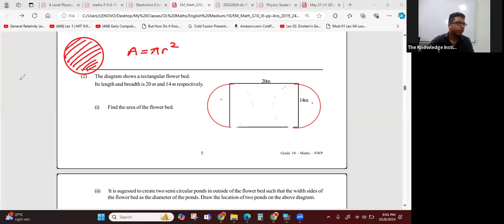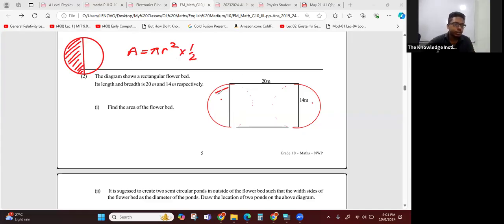suppose you want to find only half the circle, like this, only this area. It's divided into half, and then you want to find half the area, so you have to multiply by half, because you are dividing into 2.